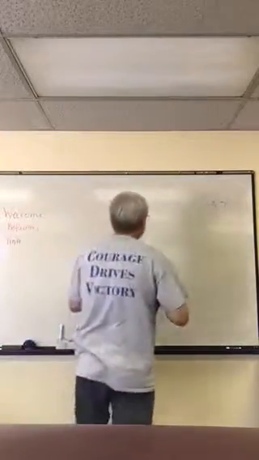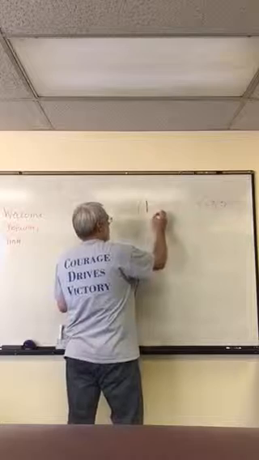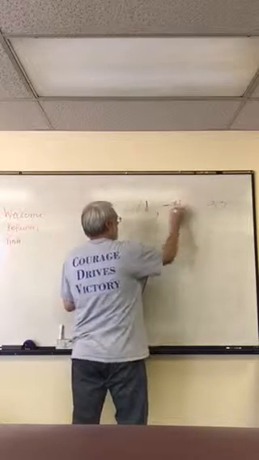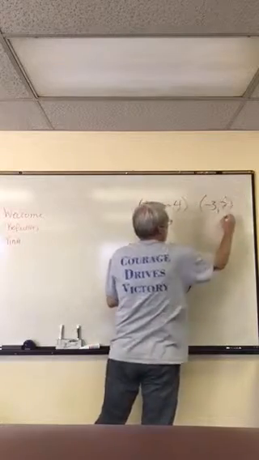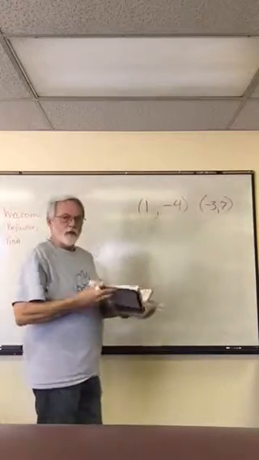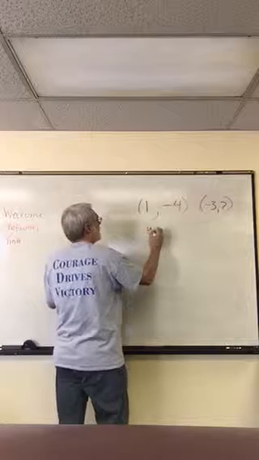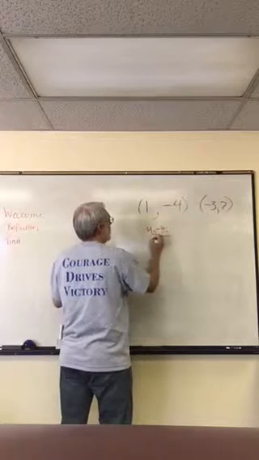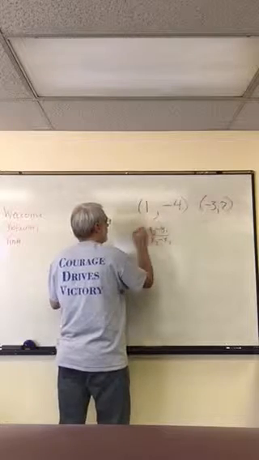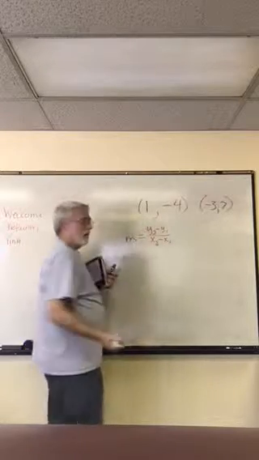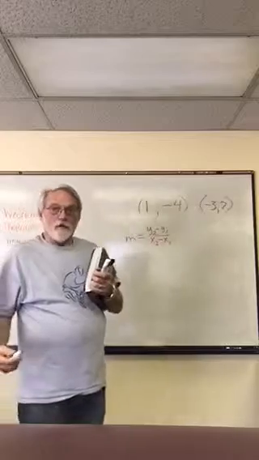So we got 2 points: 1, -4, and -3, 7. Now remember, there is the formula where you have y2 minus y1 over x2 minus x1. So this is the slope formula.